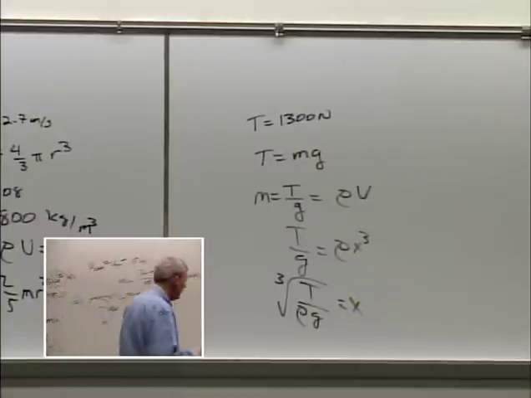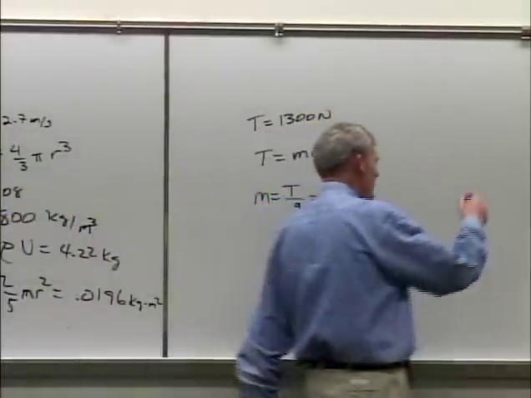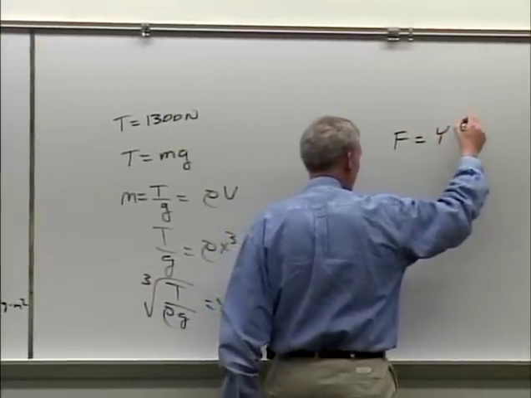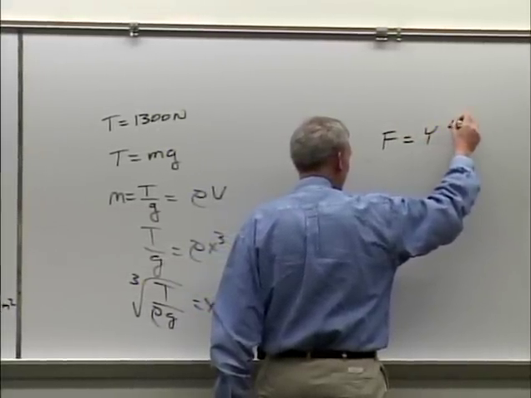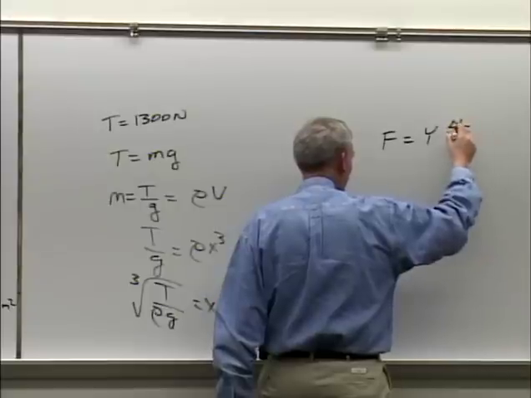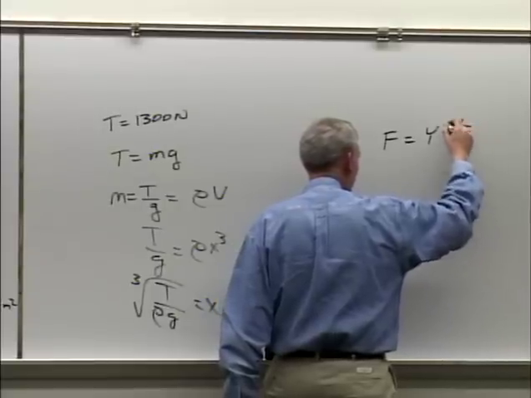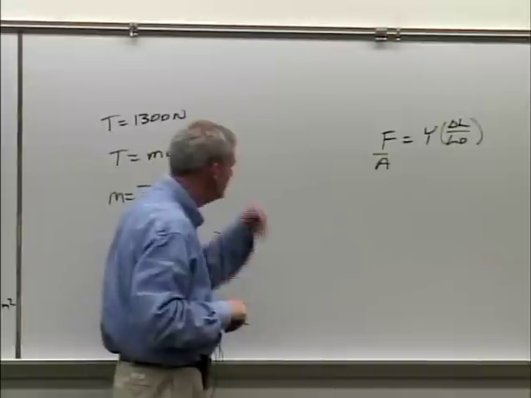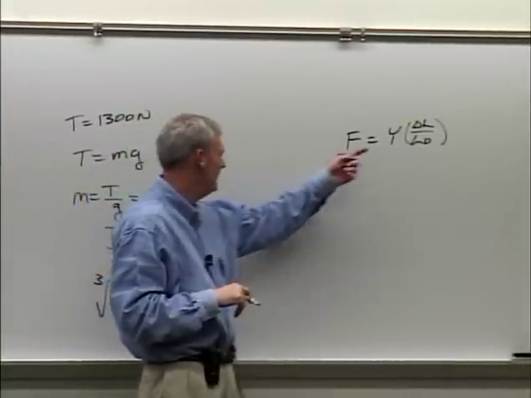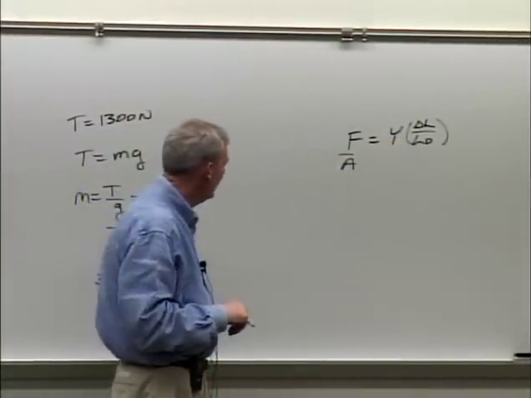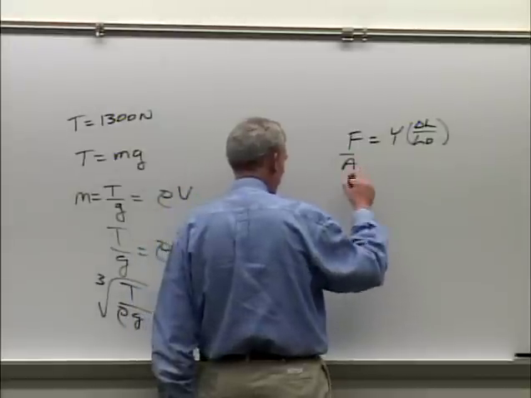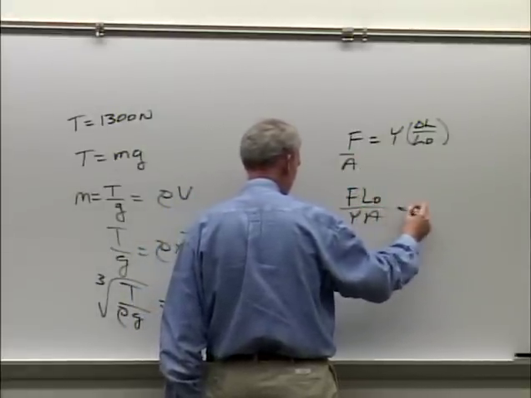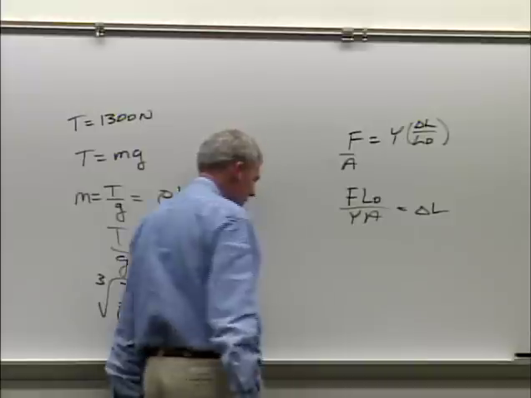Then the other one was just good old Young's modulus, which is F equals Y times delta L over L naught times A. F over A equals that. Or the pressure equals that. And so you're just looking for delta L. So that came out to our classic problem. Equals delta L. All right?